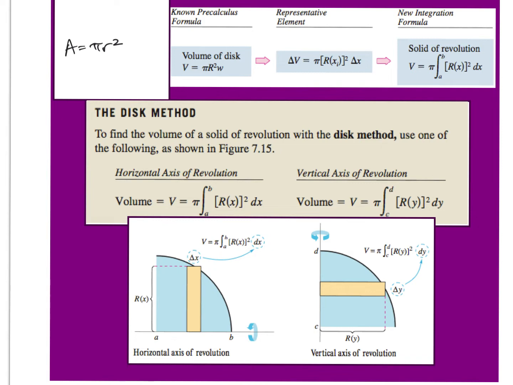However, we're going to have a width of a circle, and we're going to call that width dx or dy, depending on what axes we have. So, if I have a dx width like that, and then I stack circles on top of each other, that's what we're doing when we're finding volume like this.